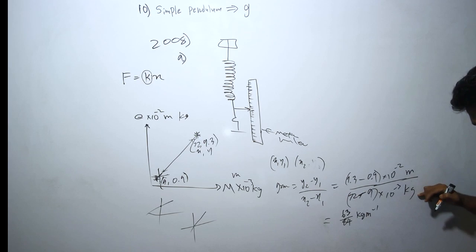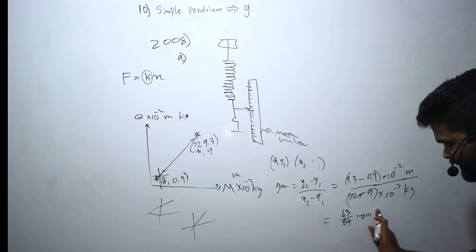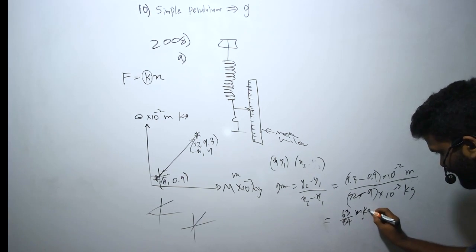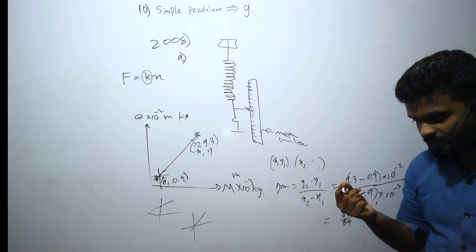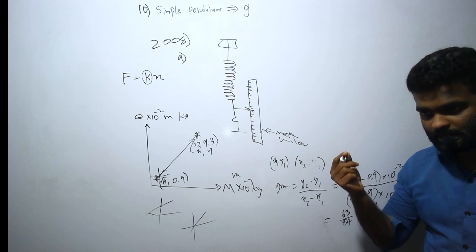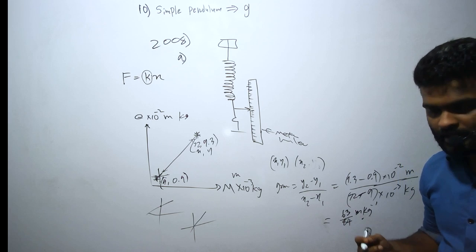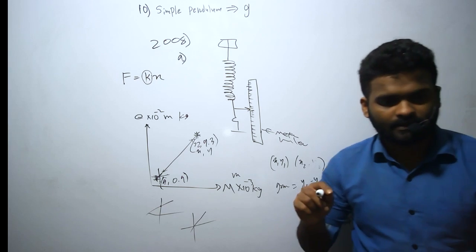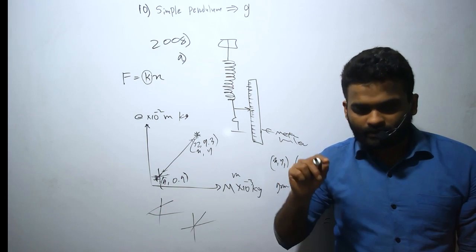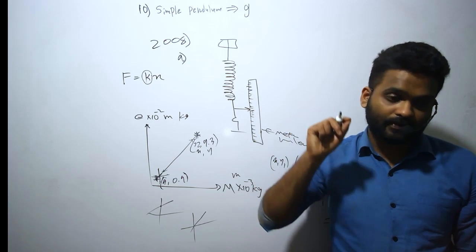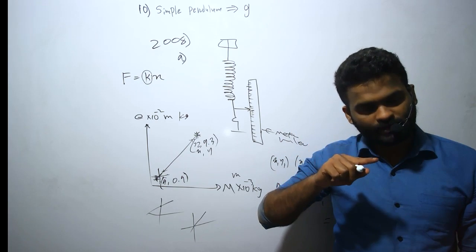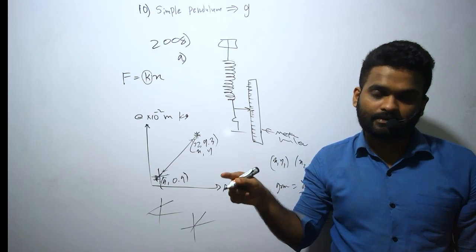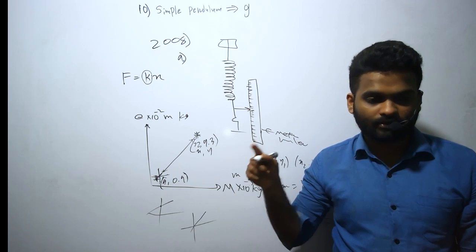Y divided by x gives meters, so you get the gradient in meters per kilogram. But you need the spring constant in terms of kilograms per meter. Here it is not newtons per meter. They ask that in terms of kilograms per meter, right? So instead of newton, you have to take that in terms of kilogram.